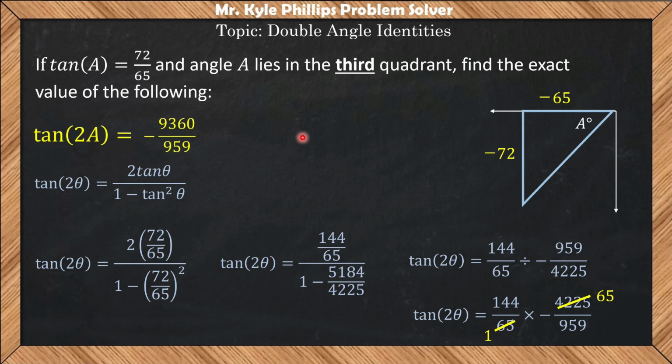And that's going to give us negative 9,360 all over 959. So if I took the value of this angle and then I doubled it, tangent of that doubled angle would be this ratio. All right, that's going to be all for this example.